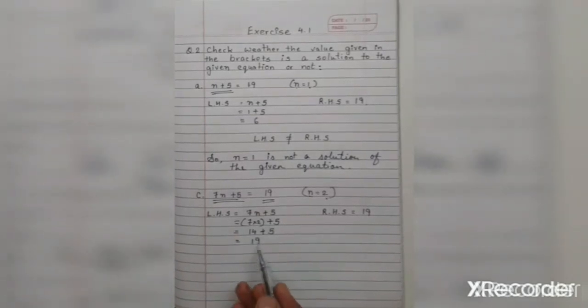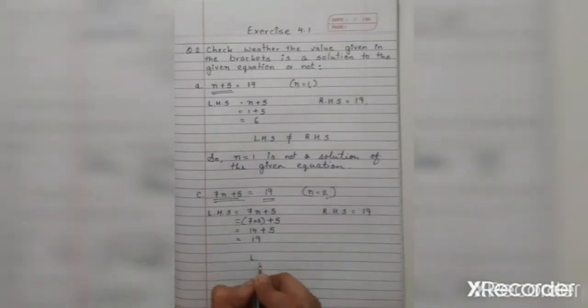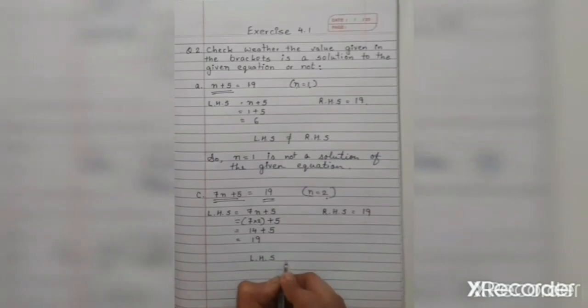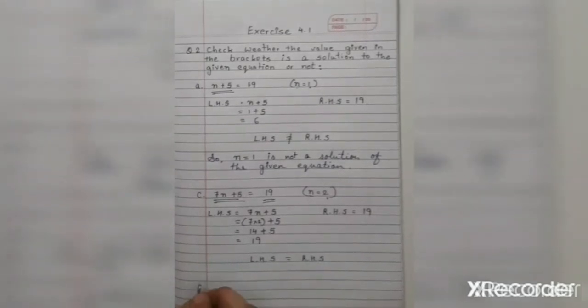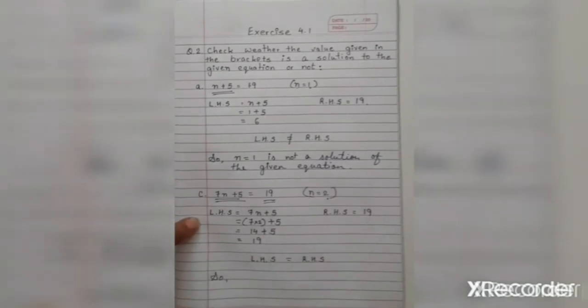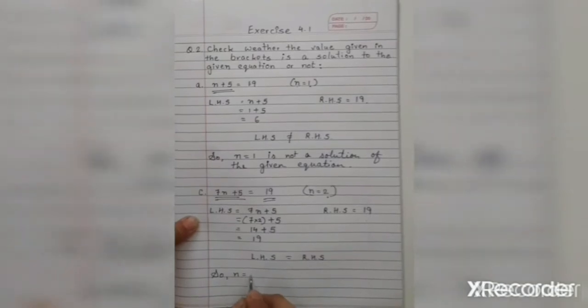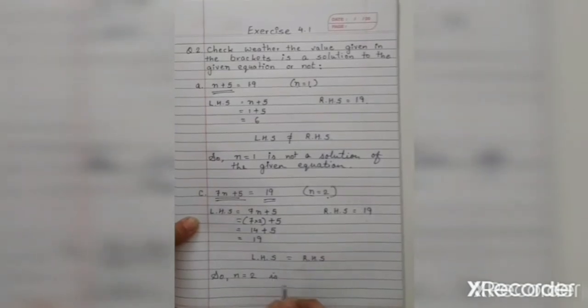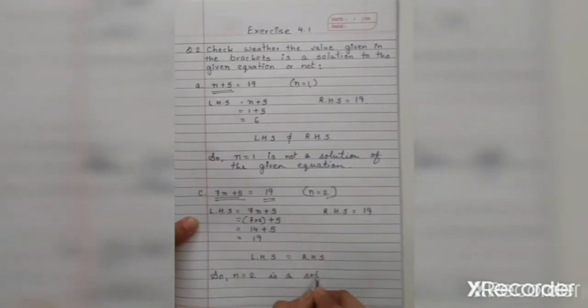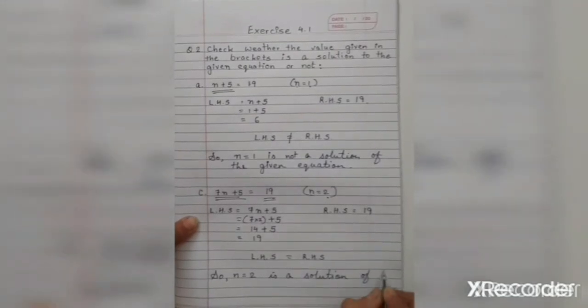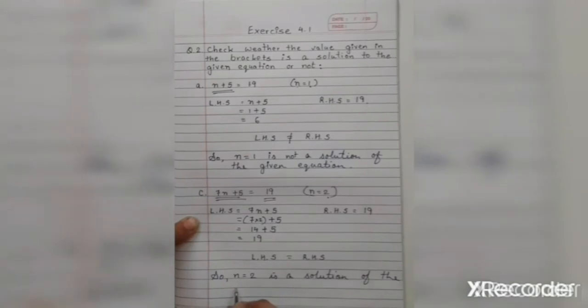Yes, we got 19 on both the sides, left hand side and right hand side. So here left hand side is equals to right hand side. So you can write n equals to 2 is a solution of the given equation.